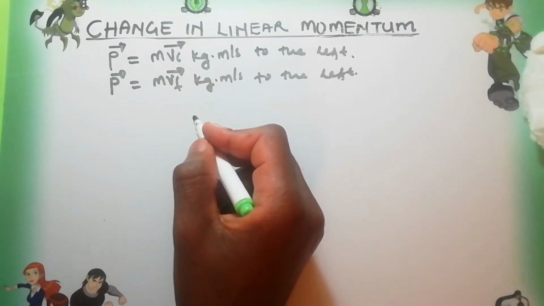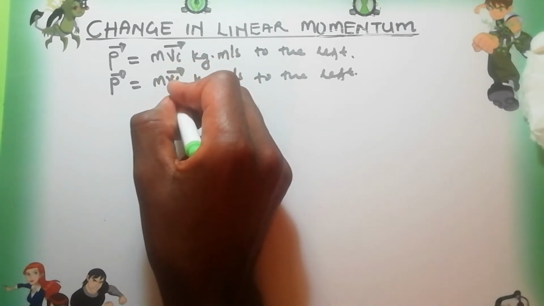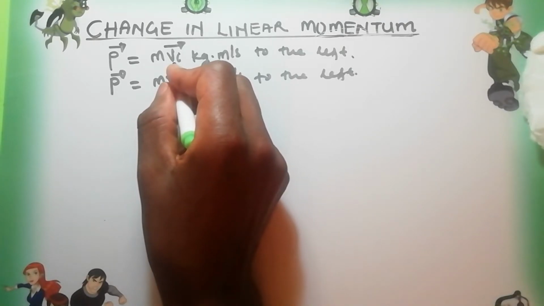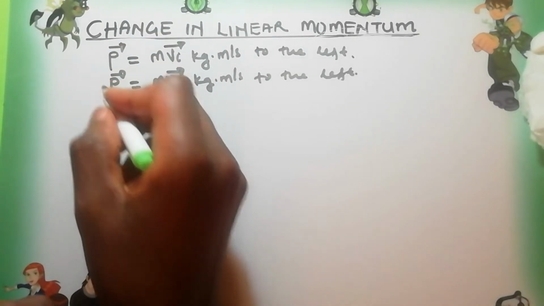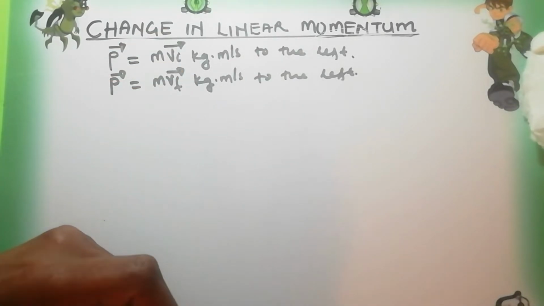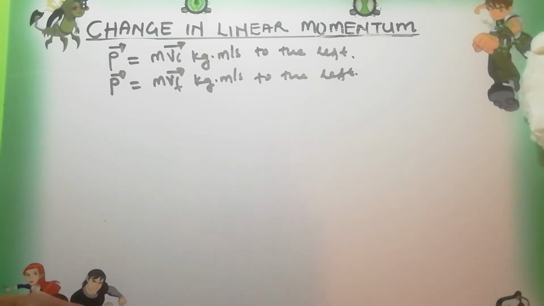If they were the same, here we would have vi and vi here as well. So we have vi and vf. Our variables are different, hence the momentum, or the momenta, that's the plural of momentum, of the truck will change.